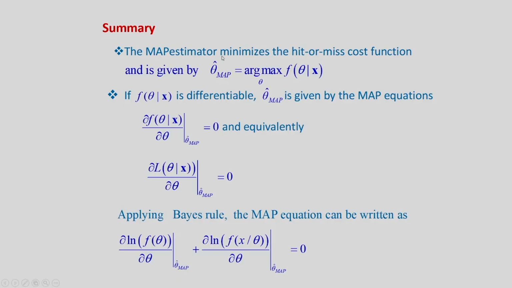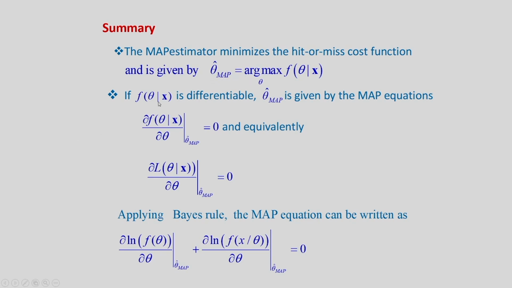Let us summarize. The MAP estimator minimizes the hit or miss cost function and is given by theta hat MAP equal to argmax over theta of f of theta given x. So, we have to consider the a posteriori PDF, and the mode of the a posteriori distribution will give theta hat MAP. Theta hat MAP is the mode of the a posteriori PDF.